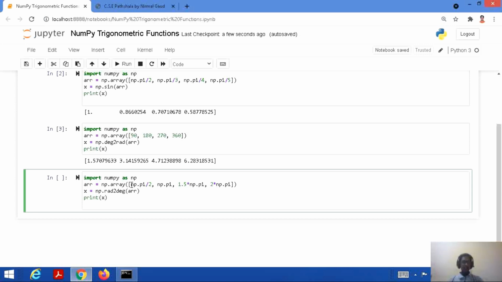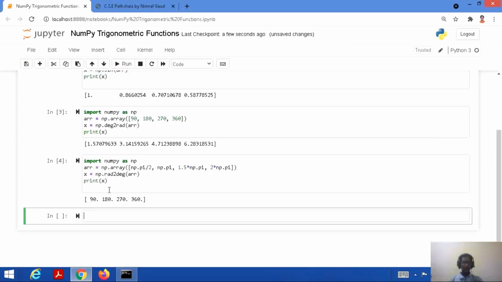Again there is a method to perform this: x equal to np.rad2deg, that means radians to degrees, and we give arr as the argument. Then we print the value of x. Let's save this code and run it. Here it is, these are the degree values for the radians.